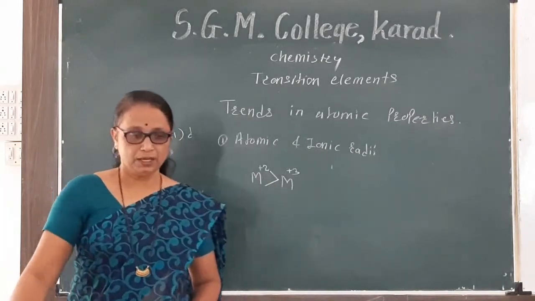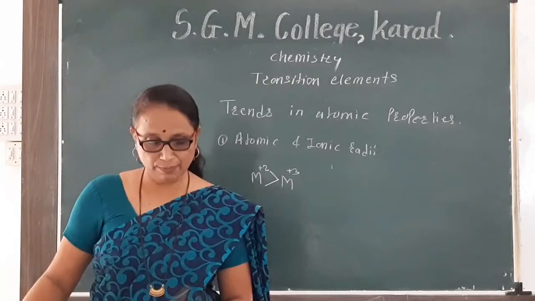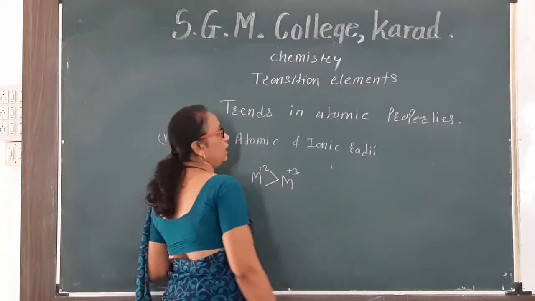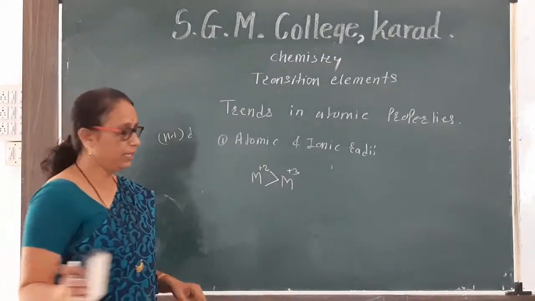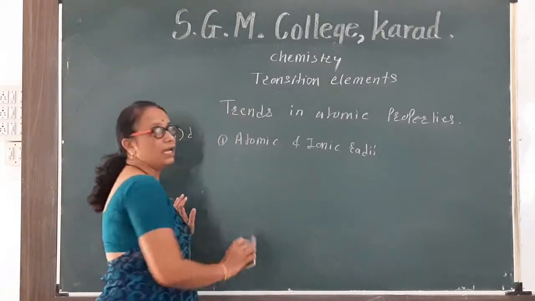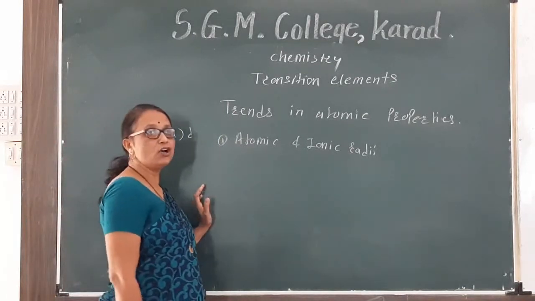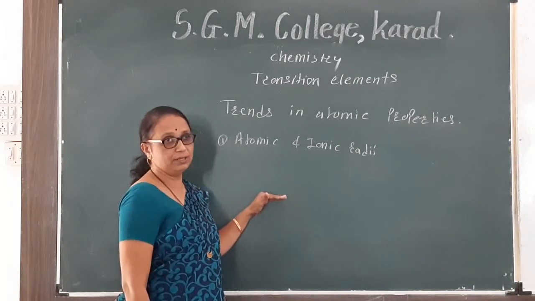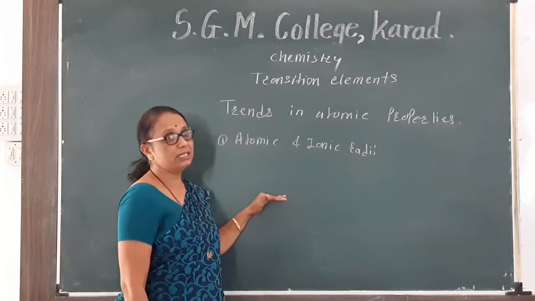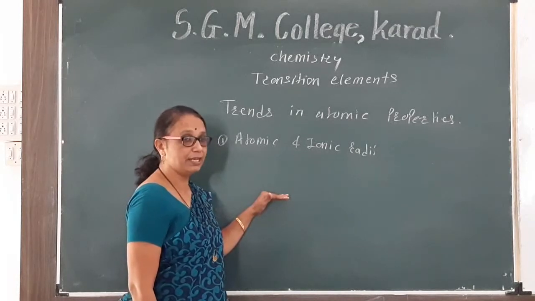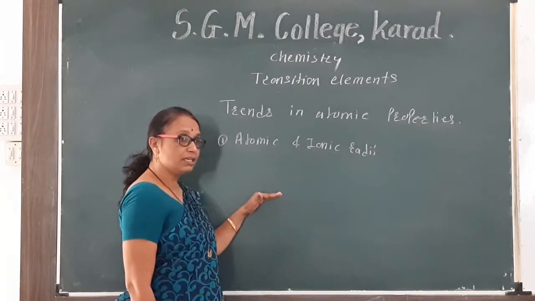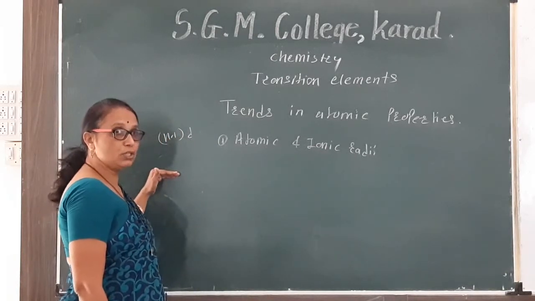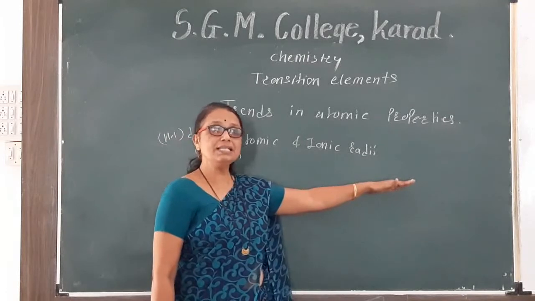The ionic radii of transition elements are smaller than the ionic radii of representative elements in the same period. Means if we consider the transition elements in the fourth period, their ionic radii are less than the ionic radii of the s block or p block elements in the same period.